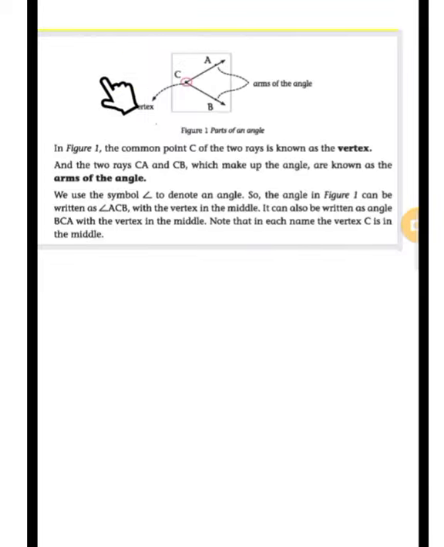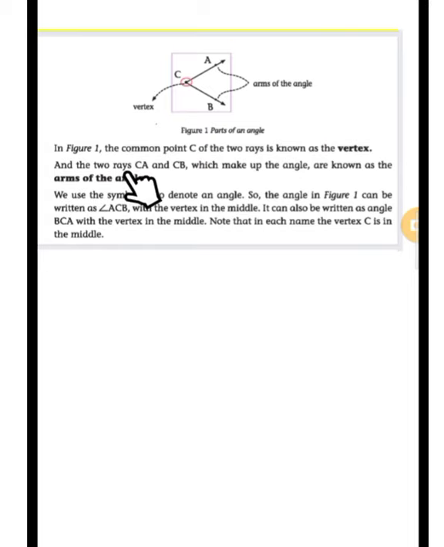Okay, children, see this figure. In figure 1, the common point C of the two rays is known as the vertex. See here, the common point of these two rays is called the vertex.